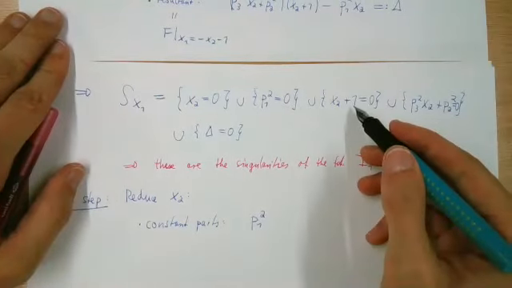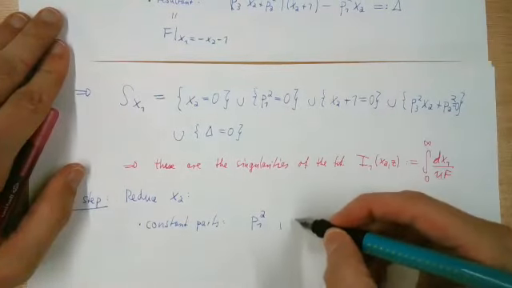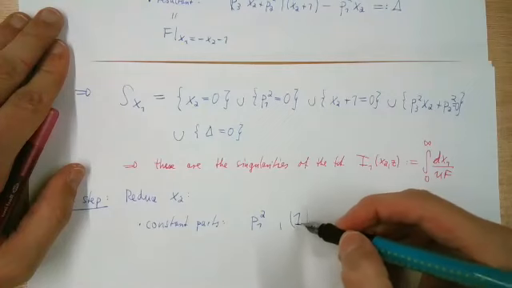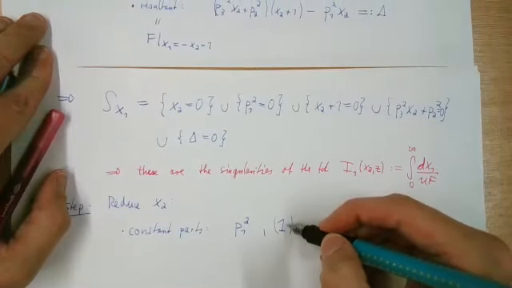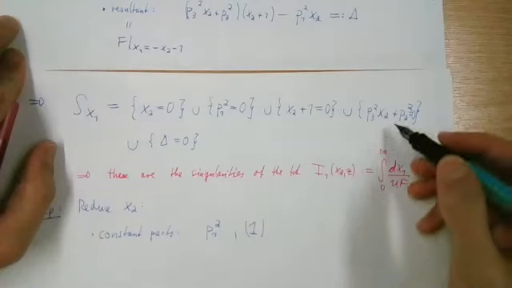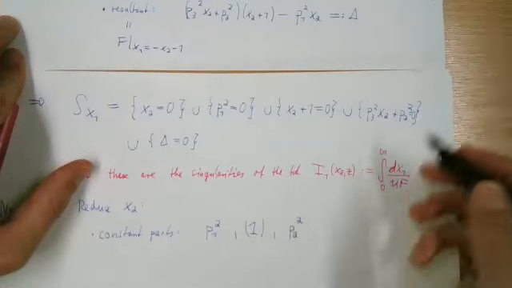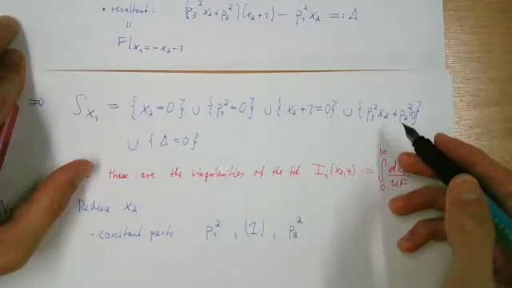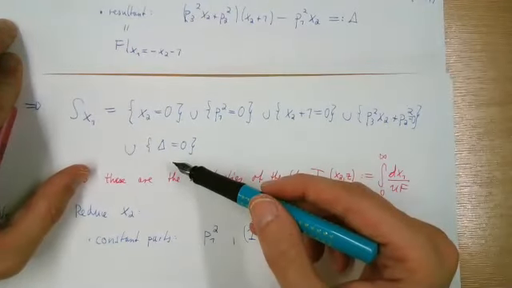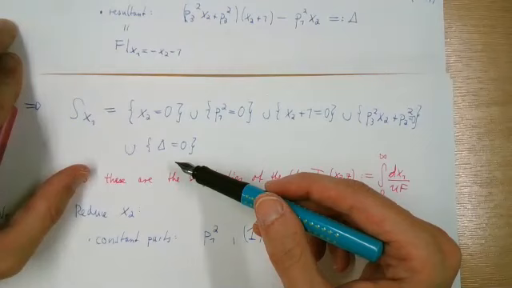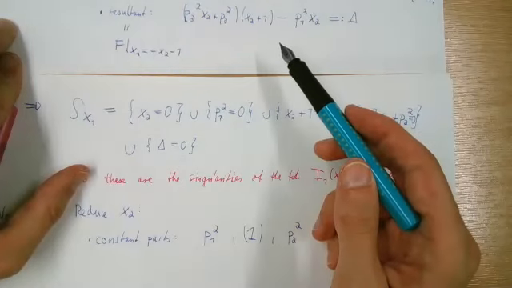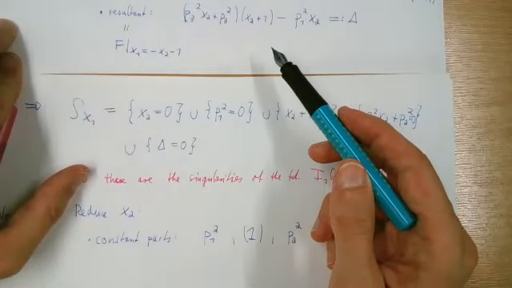Here there's a constant part 1, but as I said earlier, 1 is never 0, so this doesn't give a singularity. Here we have a constant part p2 squared. I don't think there's an interesting constant part in the discriminant. I think it's again p2 squared.